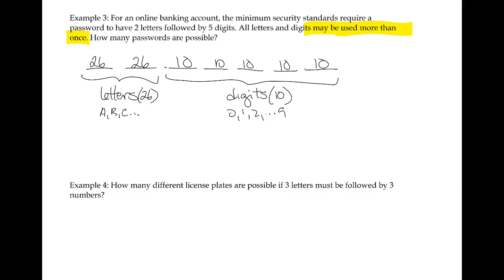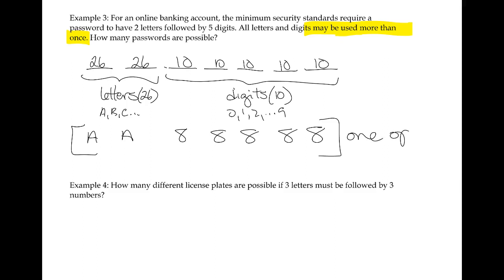And the reason that number doesn't change, I always have 10 options, is because I can use the same number again and again. So I could choose A, 8, 8, 8, 8, 8, and that would be my password. That is one option. I could also choose BD19865, and that would be another option.